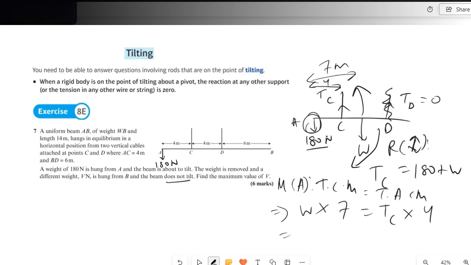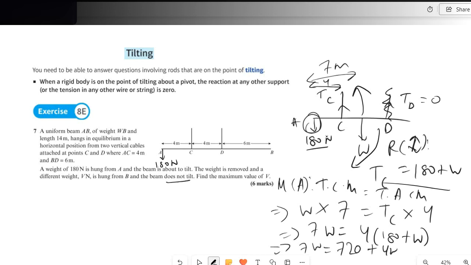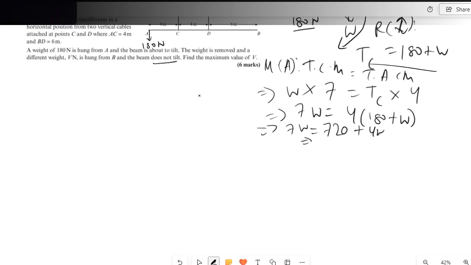So therefore we can find the value of W using this expression from earlier. So 7W is equal to 4 multiplied with (180 plus W). Simplifying, we have 7W is equal to 4 into 180, which is 720, plus 4W, and therefore 7W minus 4W is equal to 720.